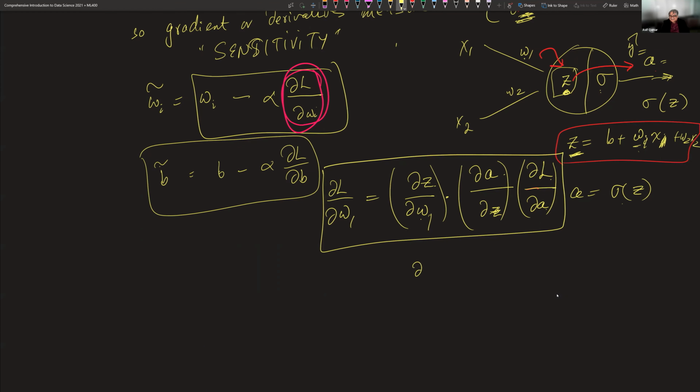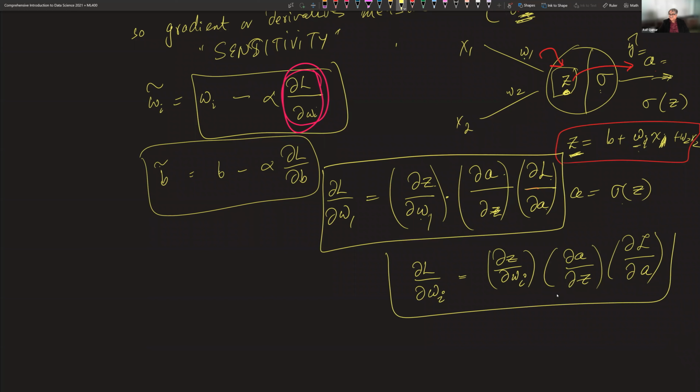And let's generalize it now and write it as, for some ith W for that neuron, dL/dWi is equal to dZ/dWi, because it could be 1, it could be 2. The argument would still be the same. Times dA/dZ, times dL/dA, the gradient with respect to the activation function.